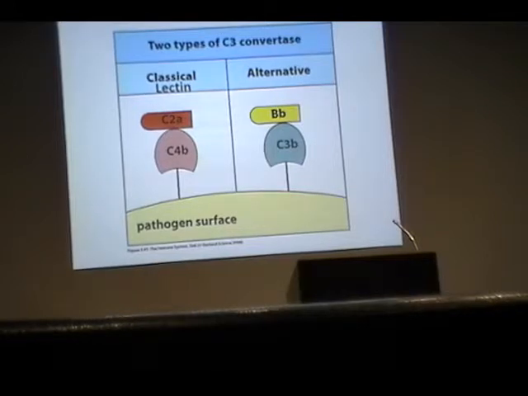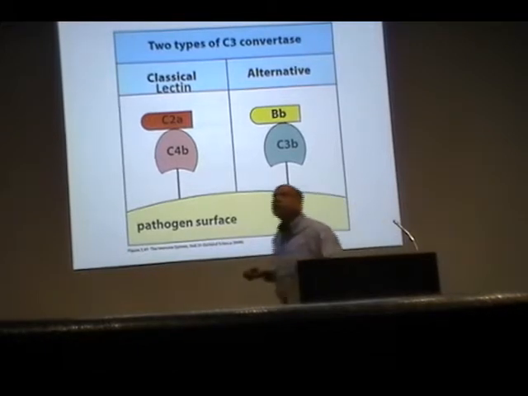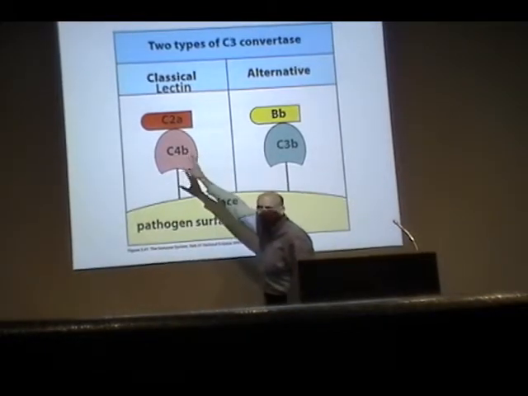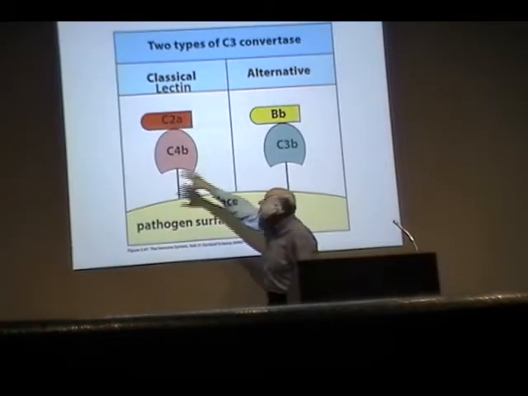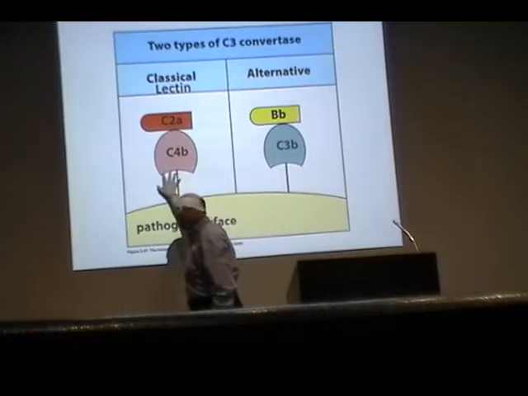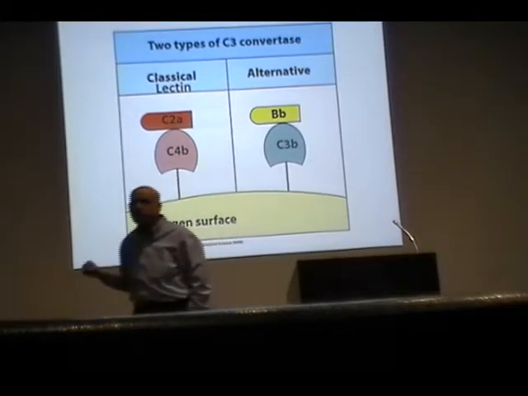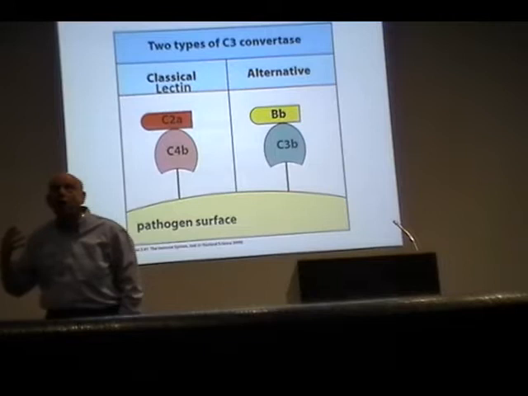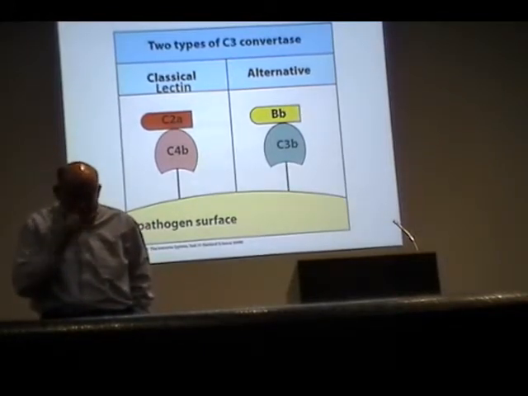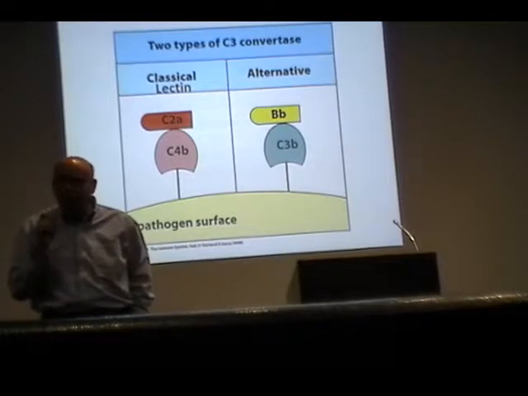You said that C2 is an equivalent to B or D? C2 is equivalent to B because C2 is going to be cleaved into a big part and a small part, and the big part, just like the big part of B, remains, and then you create the convertase right on the bacterial surface. And C2B, I don't think C2B is an immune mediator.